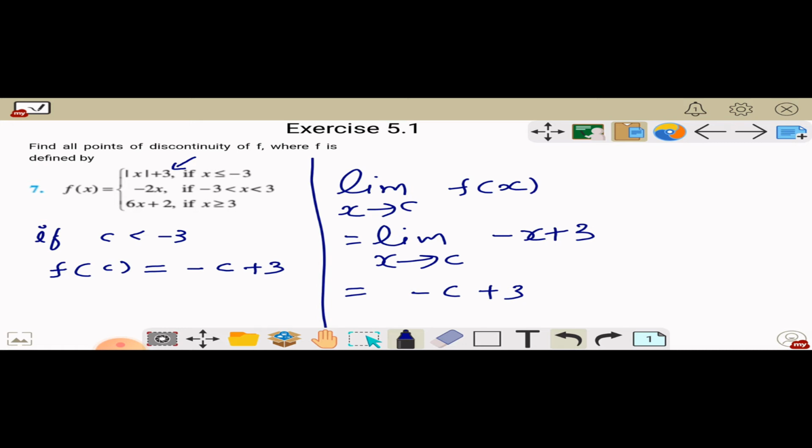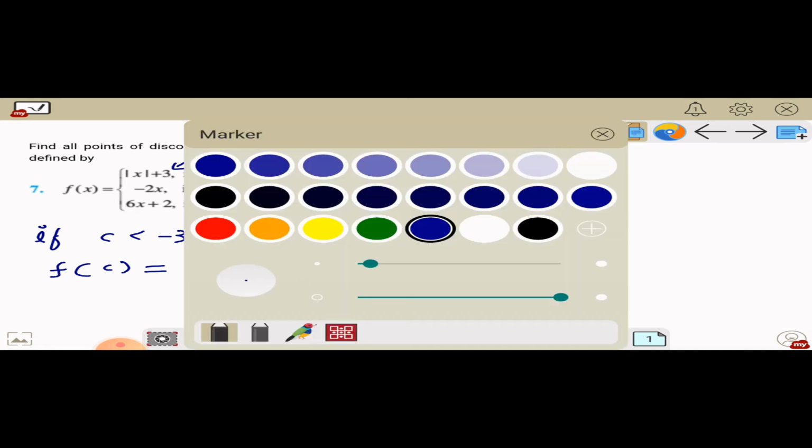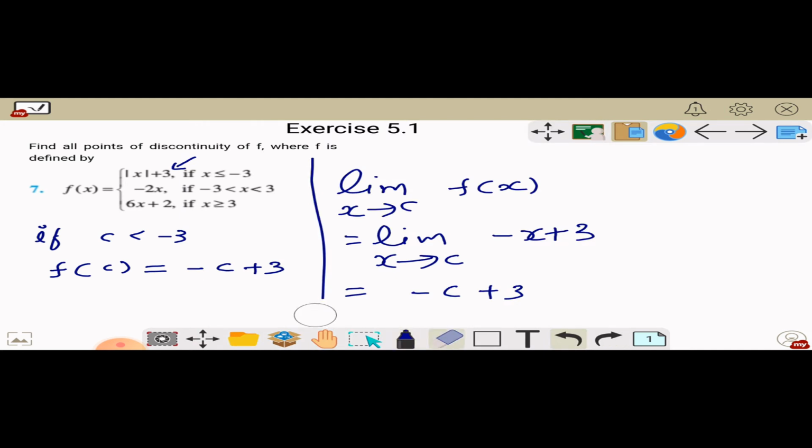So here we can say that the function f is continuous for all the points which are less than minus 3. So you can write it here. The function f is continuous at x less than minus 3.